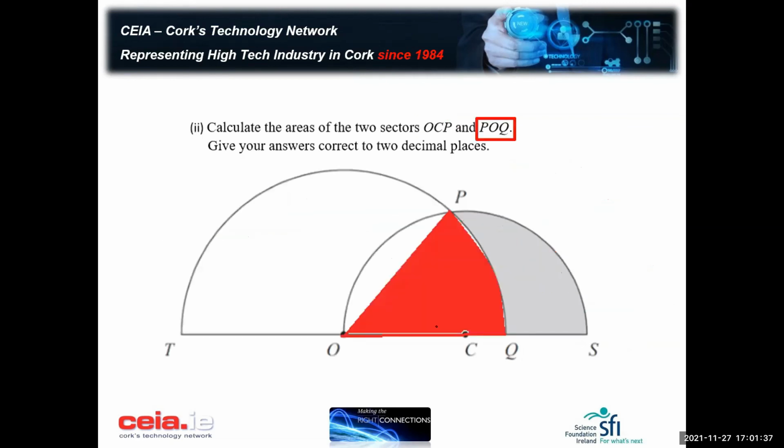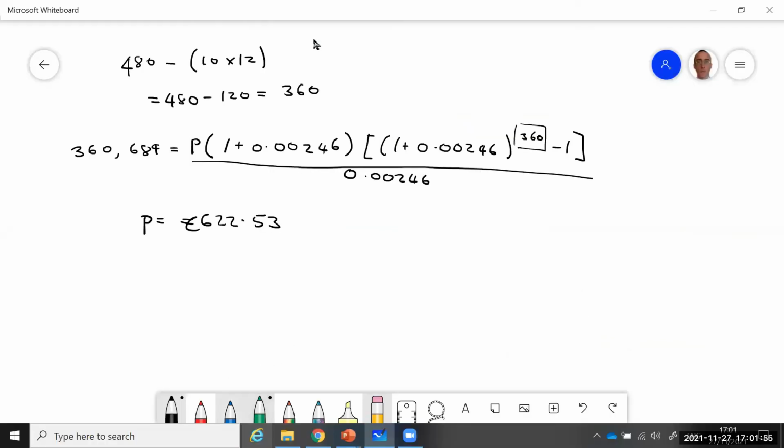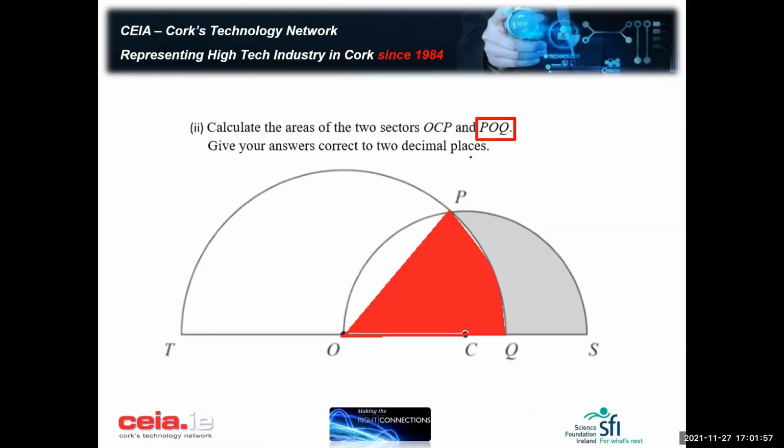Now find the area of the sector POQ. This is a sector of the larger semicircle on the left-hand side. Now we have to work out the measure of angle POQ.